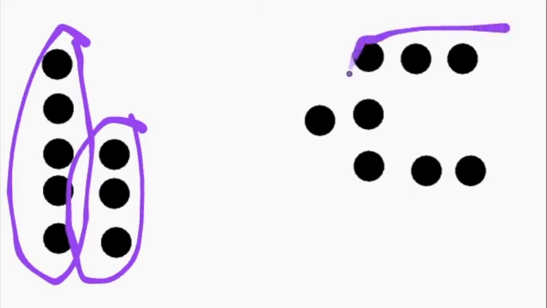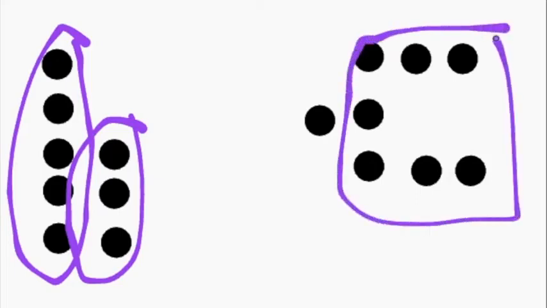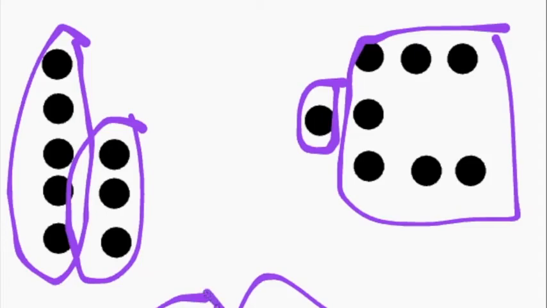And that's a group of 7 and 1. 7 and 1 make 8. What about over here? We have 1, 2, 3, 4, 5, 6, 7, 8. That's a group of 4 and a group of 4, and 4 and 4 make 8. This one's my favorite because it looks like a ladybug.